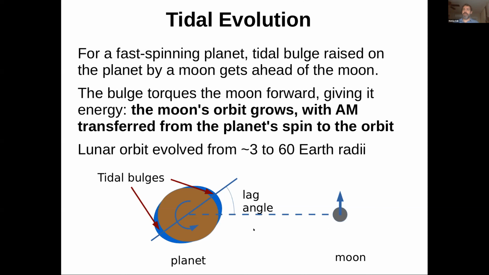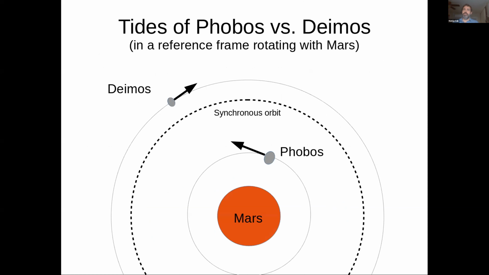The Earth-Moon system has expanded by many orders of magnitude since the beginning of the solar system. Also, the moons of Saturn and Jupiter typically move outward because of the fast rotation of those planets. At Mars, it's a bit more complicated because Deimos is actually orbiting slower than Mars is rotating, but Phobos is actually orbiting faster than Mars is rotating.